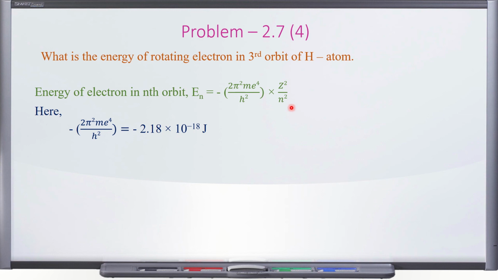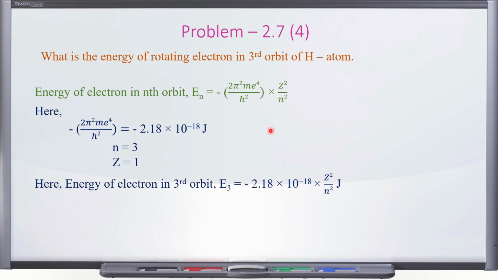So by putting this value here, you can find out the energy of an electron present in the third orbit. Here z equals 1 and n equals 3. By putting all these values, we get the energy of the electron rotating in the third orbit is minus 2.422 into 10 to the power minus 19 joule.